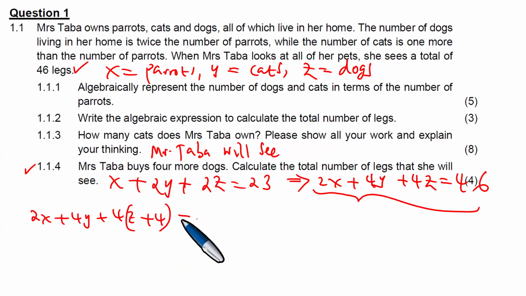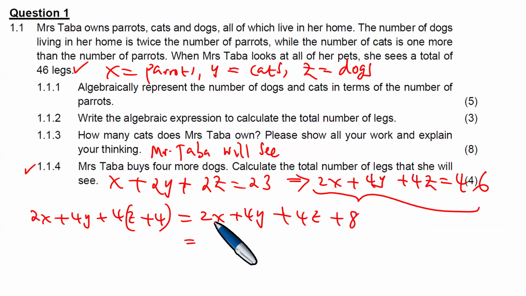So this is 2x plus 4y plus 4z plus 8. But what is 2x plus 4y plus 4z? It's 46 plus 8.